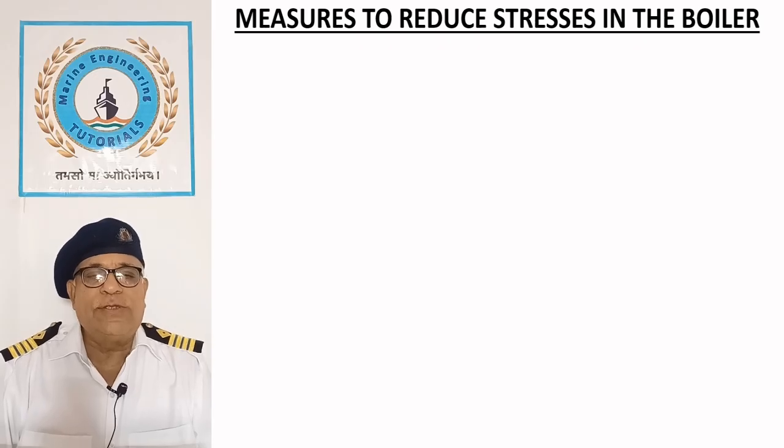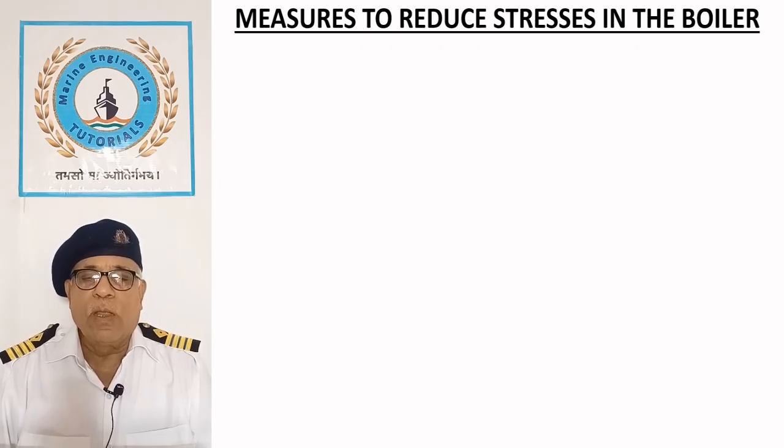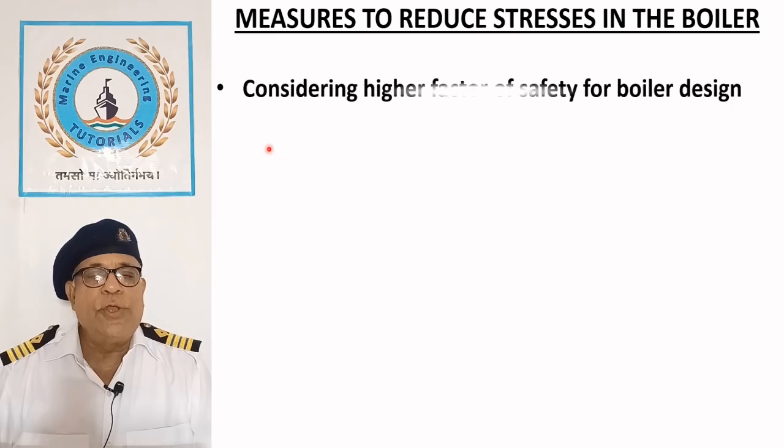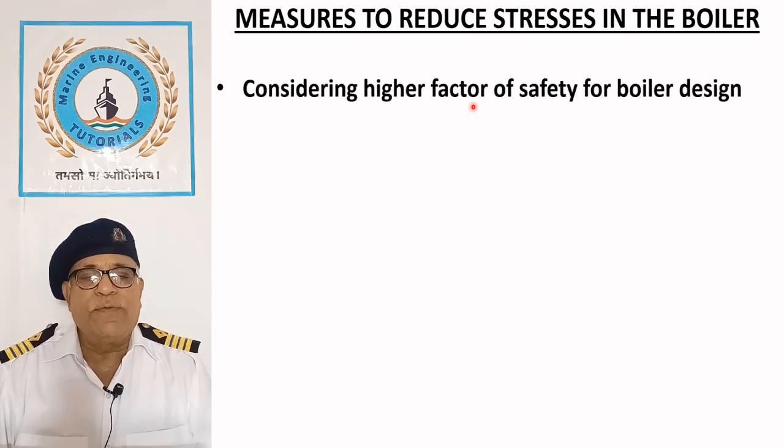Measures to reduce stresses in the boiler. We have seen that circumferential or hoop stress is double that of the longitudinal stress. Consider a higher factor of safety for boiler design.